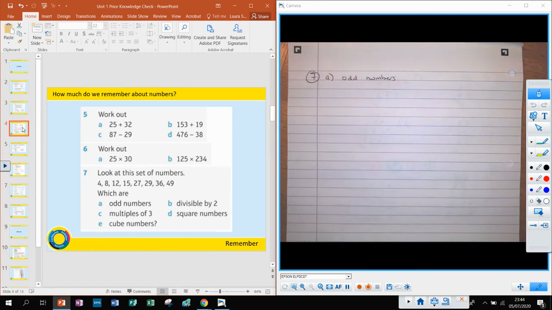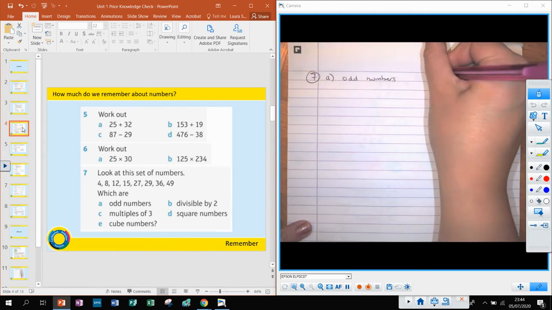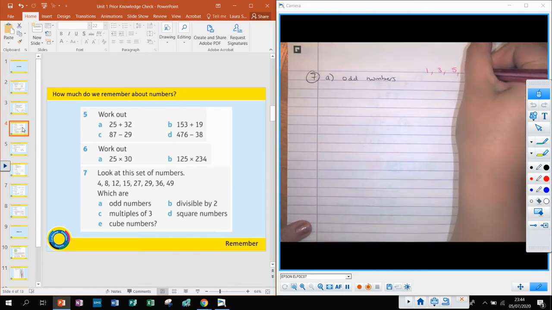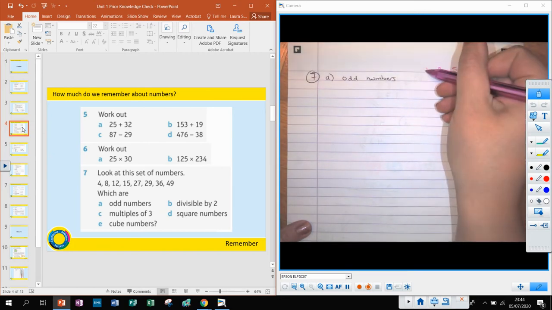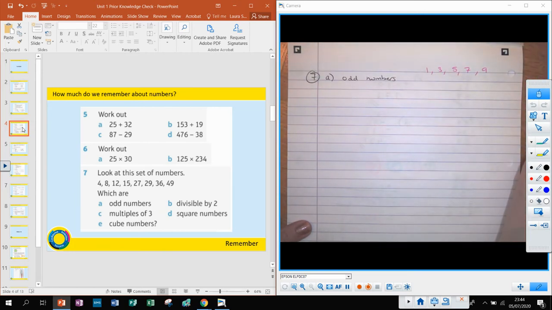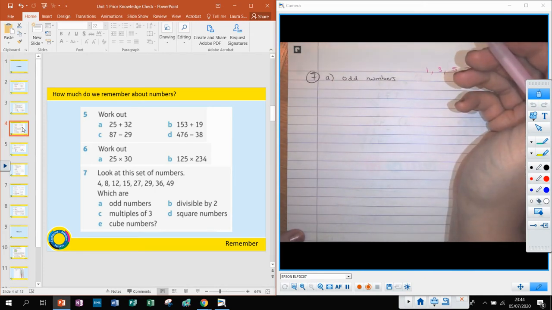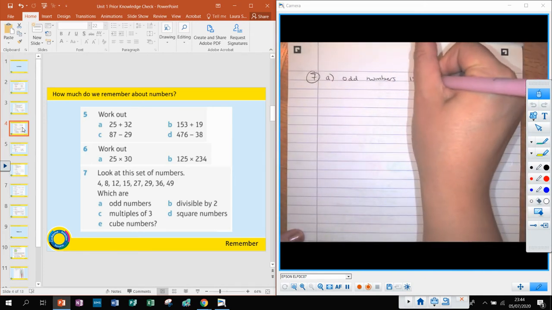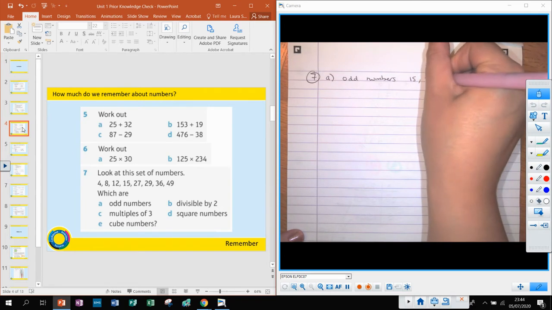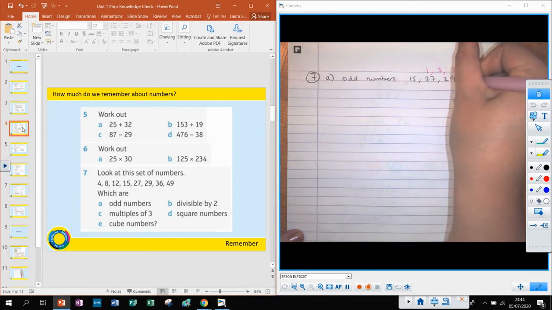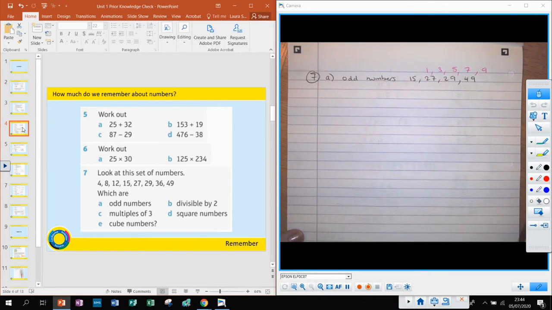An odd number ends in a 1, a 3, a 5, a 7, or a 9. So your key values, 1, 3, 5, 7, 9. You might have something in front of that, but they have to end in those. Okay, so for us, we have 15, we have 27, we have 29, and we have 49 from that list.